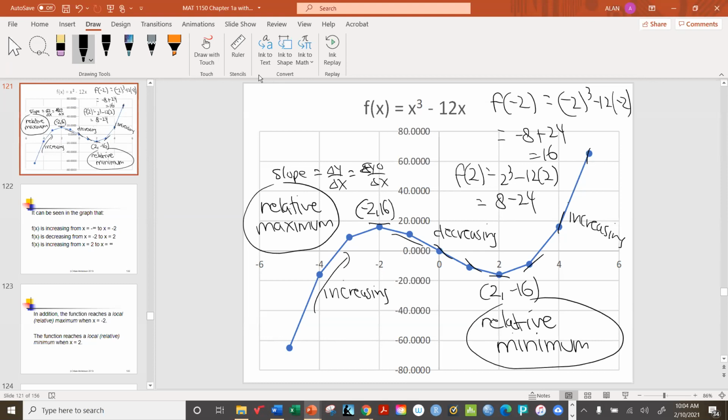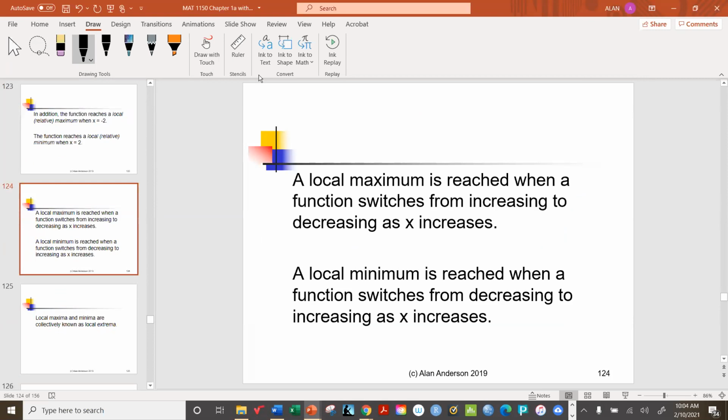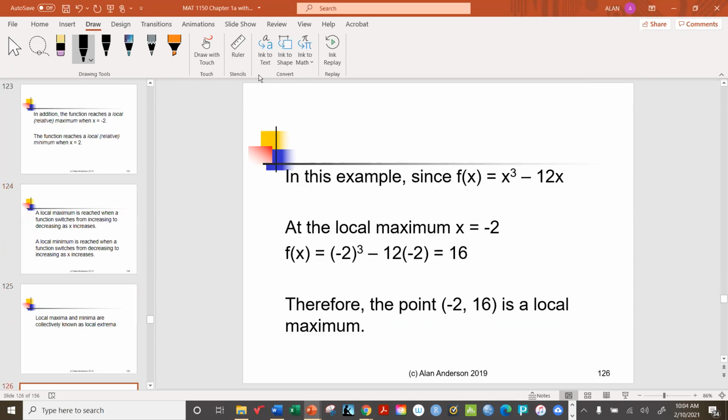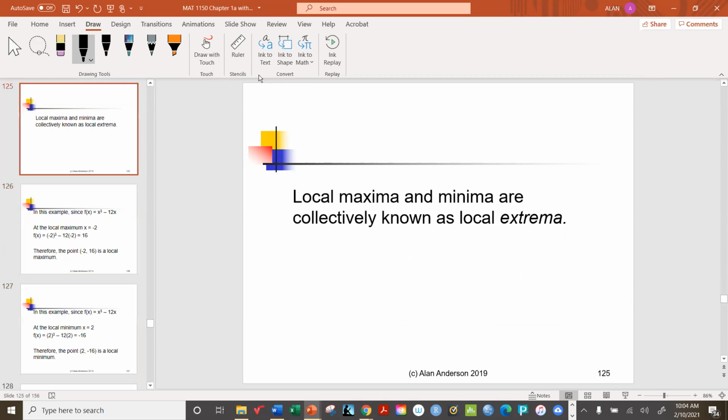Good question. Well, let's find out. There are different ways of going about this. What we can try is this: we can evaluate the function at points just below and just above that point.